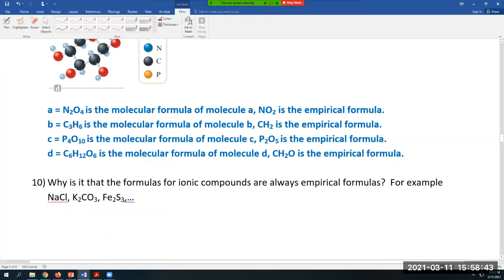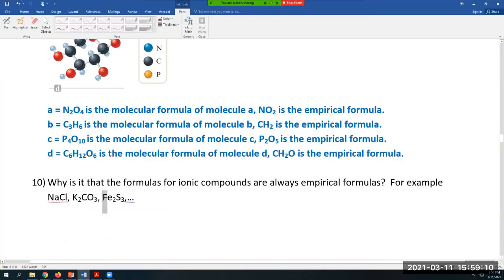So question 10, why is it that the formulas of ionic compound are always empirical formulas? For example, NaCl, K2CO3, Fe2S3, you can see that you cannot reduce them further, right? In NaCl, there is only one of each. In K2CO3, there is only one carbon.